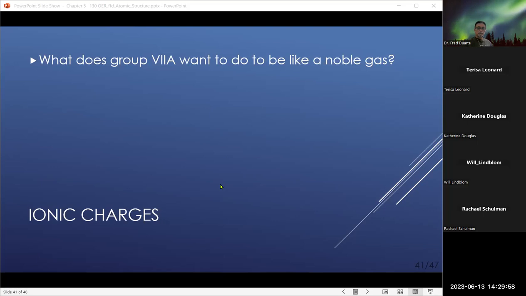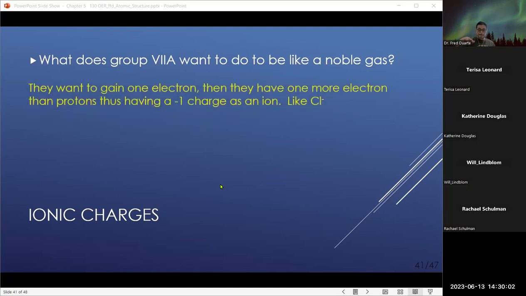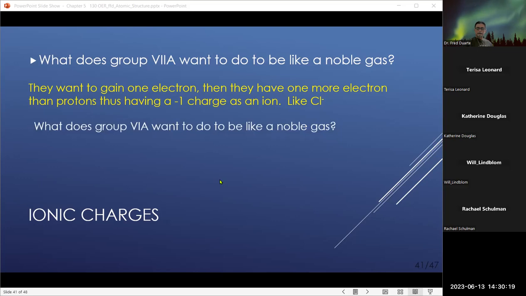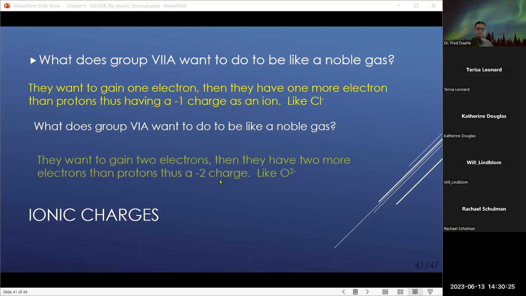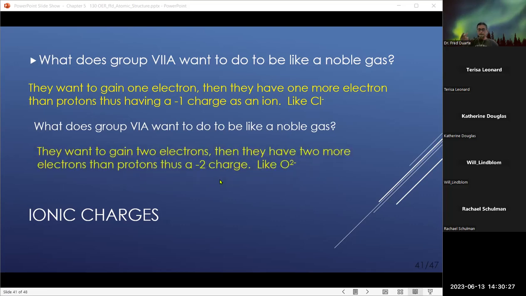Now group 7A. Because they're in group 7A, and they are only 1 electron away from getting 8 electrons around them, they're going to gain 1 electron, so they end up with a negative charge, a -1 specifically. So chlorine becomes chloride with a -1. Group 6A is going to pick up 2 electrons.